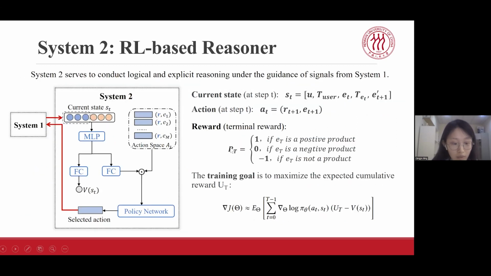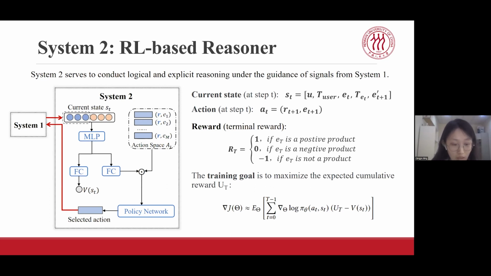And to simulate System 2 in cognitive science, here in our model, System 2 is designed to conduct logical and explicit reasoning under the guidance of signals from System 1. We use a reinforcement learning framework to implement System 2. Assume that the current step is the Tth step.